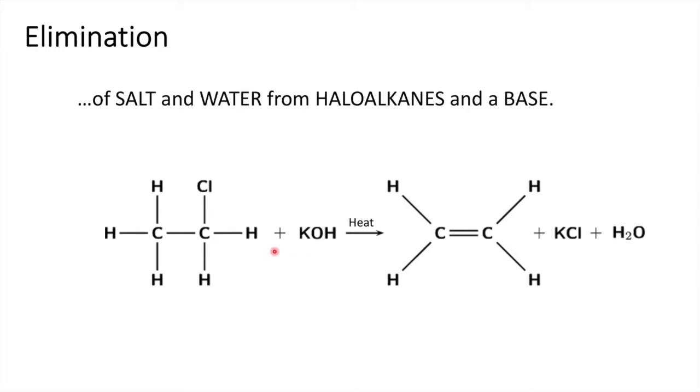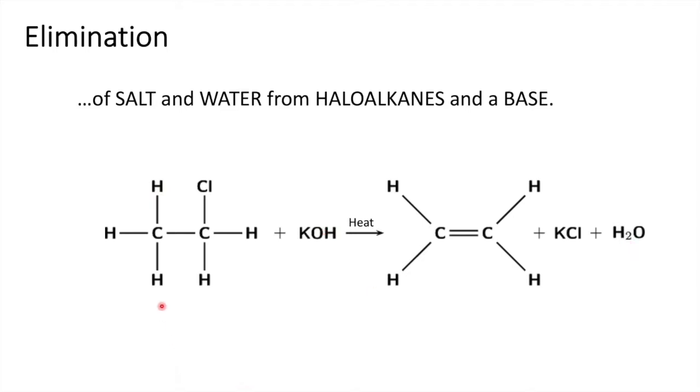And what happens is the alkane has this halogen attached, so that halogen is removed. The halogen then attaches to whatever proton donor was there with the base. And then the OH attaches to the H, so water gets eliminated.